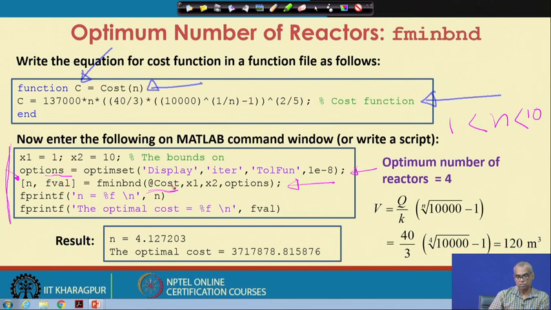So, arguments for fminbnd: @cost, this is the function file that will evaluate the cost. X1 is the lower bound, set as 1 here, X2 is the upper bound, set as 10 here, and options. Then we just print the results.